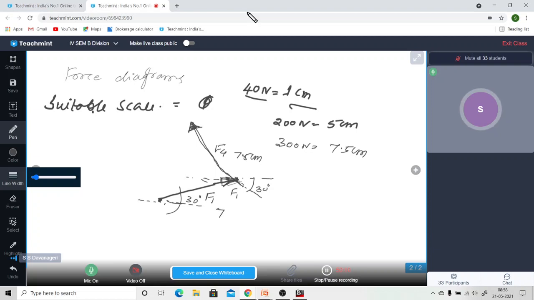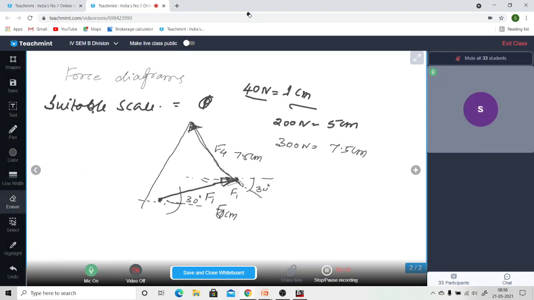This has to be 5 centimeter. Now from this point to this point you just draw here, right? What you got is the resultant force here.